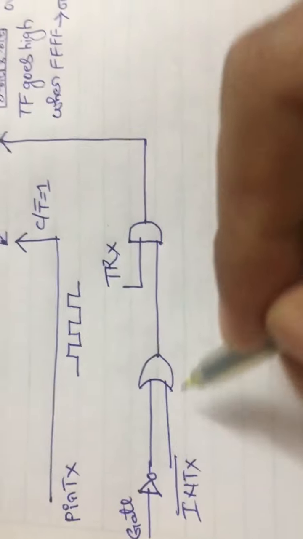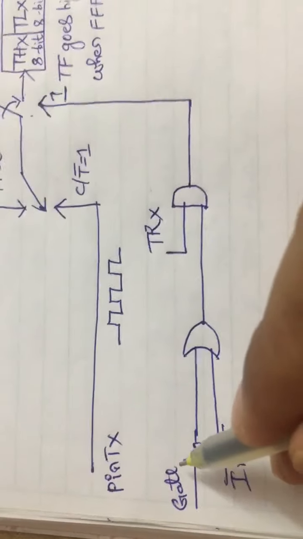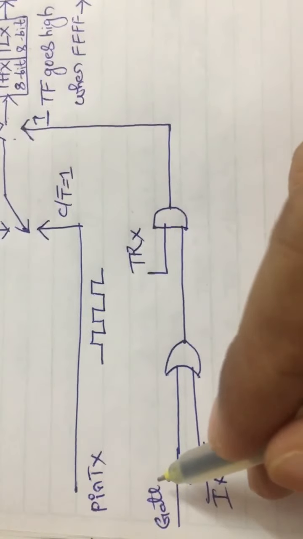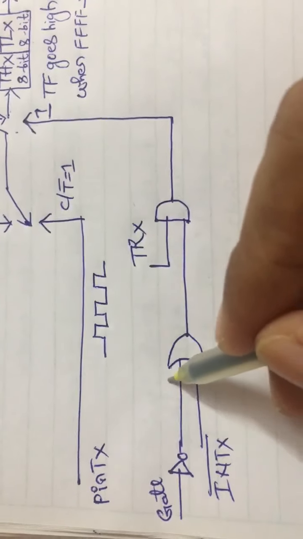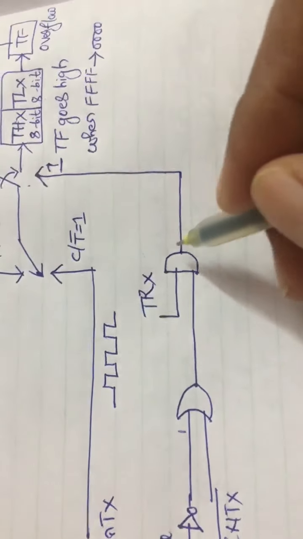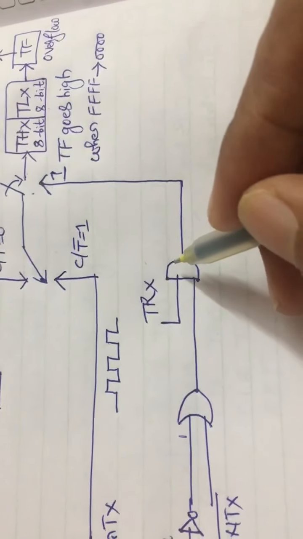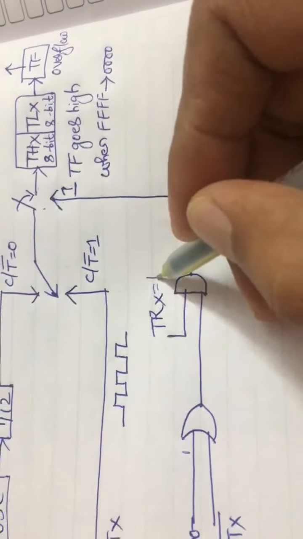The output of this block should be equal to 1. We need to take the two cases as I said in the last lecture. If GATE is equal to 0, the output of this is equal to 1, and we need to make the output of this AND gate equal to 1 only when TRX must be equal to 1.